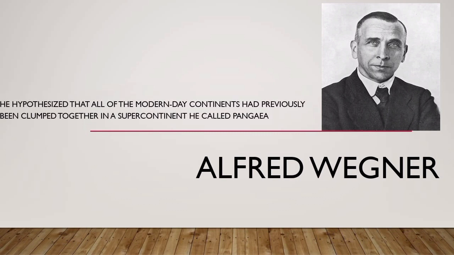Wegener, trained as an astronomer, used biology, botany, and geology to describe Pangaea and continental drift. For example, fossils of the ancient reptile Mesosaurus are found only in southern Africa and South America. Mesosaurus is a freshwater reptile only 1 meter long and couldn't swim across the Atlantic Ocean.